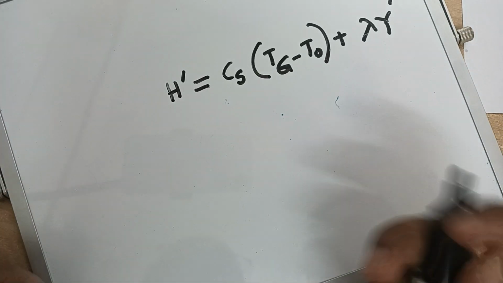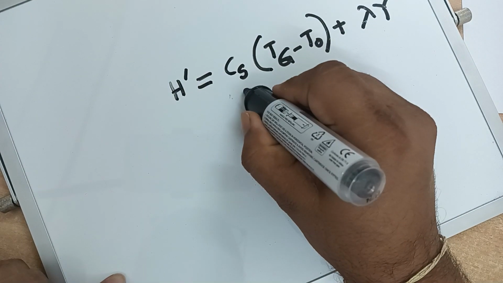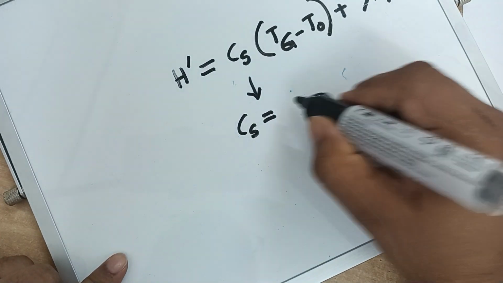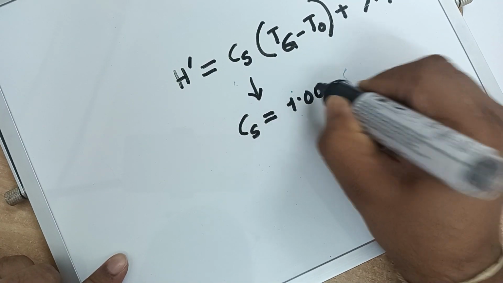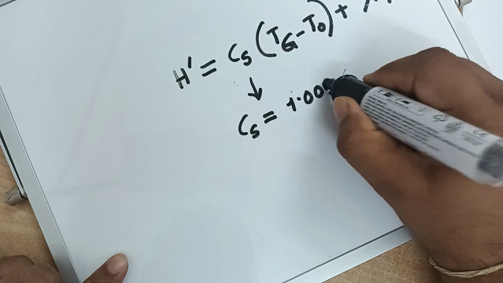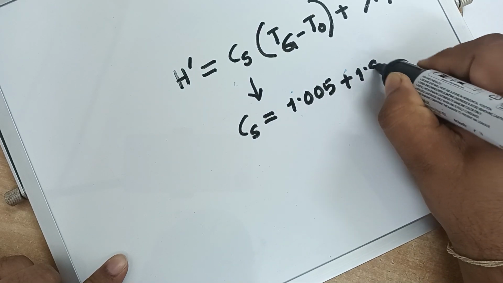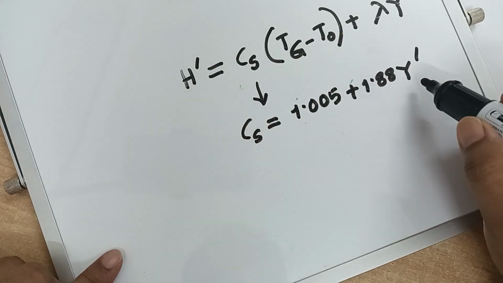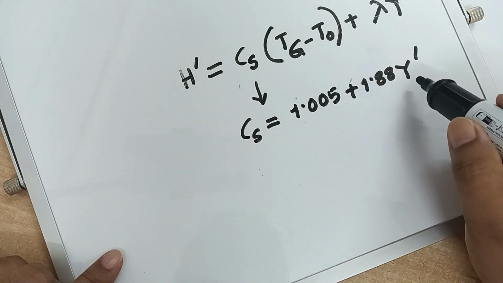You have to calculate the value of humid heat, and for air water vapor system the expression is Cs equal to 1.005 plus 1.88 y prime. So y prime value just now I have shown you how to calculate.